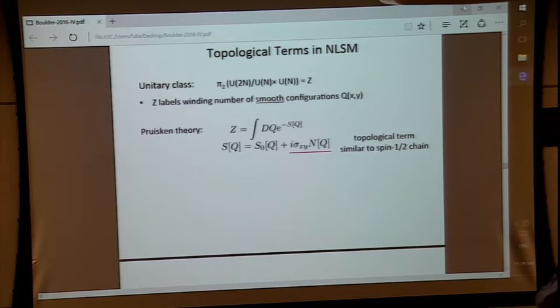In the other case, if I think of this order parameter living on a sphere as a spin, if all the spins are pointing up, then the corresponding topological index for that configuration is 0. When you have a skyrmion, you have a non-trivial topological index 1.